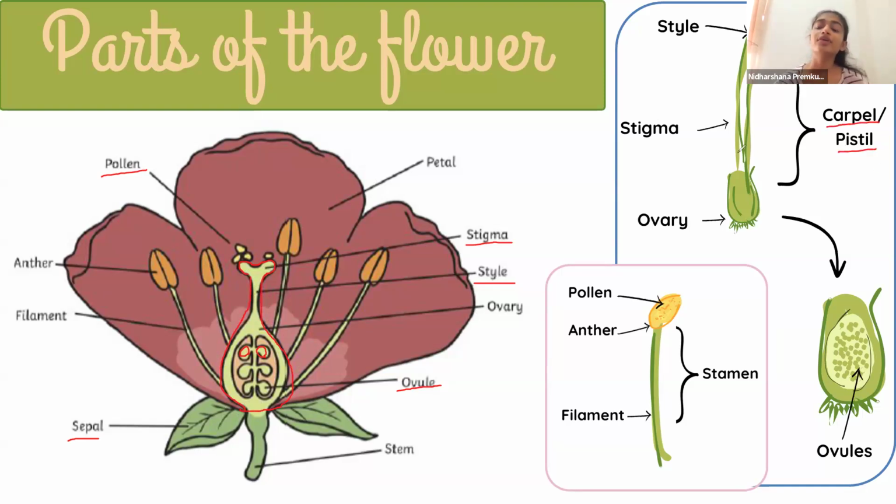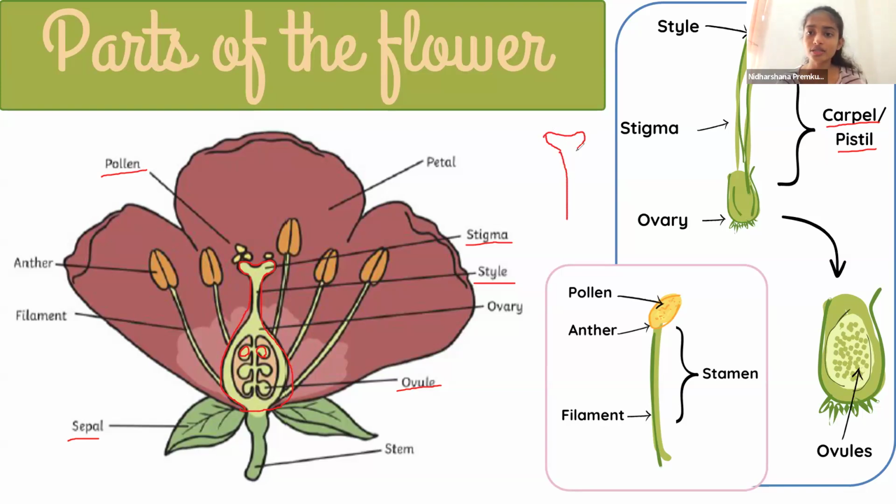Now, the female part consists of three main parts: the ovary, the stigma, and the style. If I were to draw it here again, you can see here, this is our stigma, the topmost part.